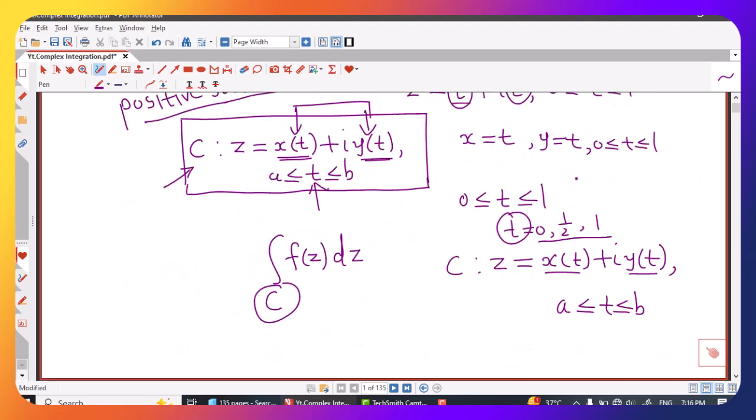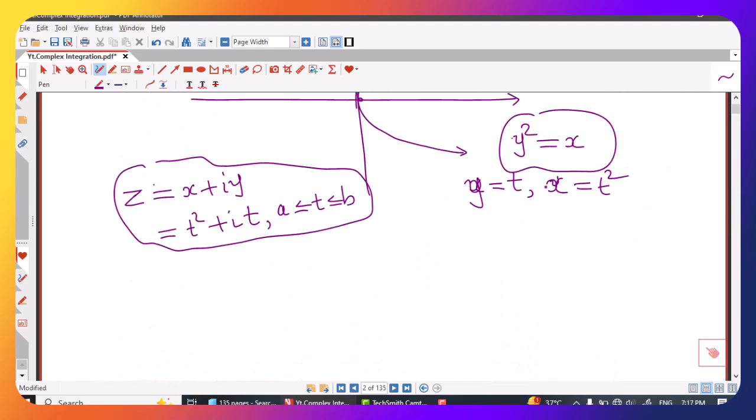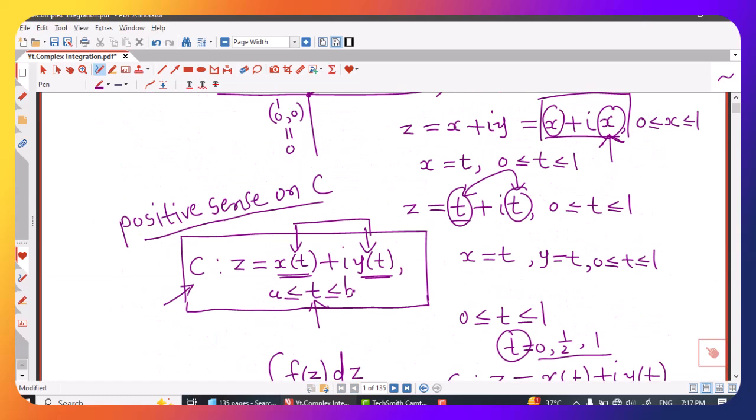So in short, we will try to convert the representation of the given curve, which contains two variables x and y, from two variables to a single variable. That is the idea of these complex line integrals.